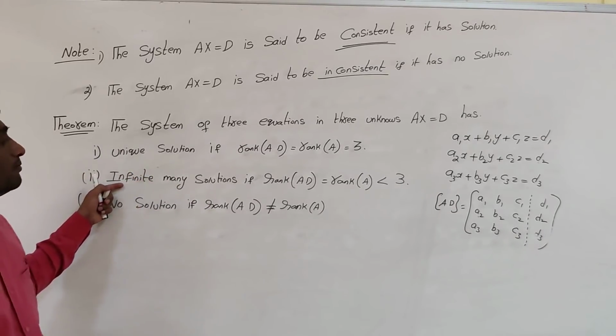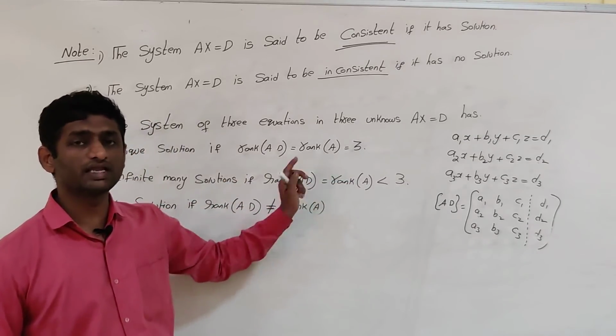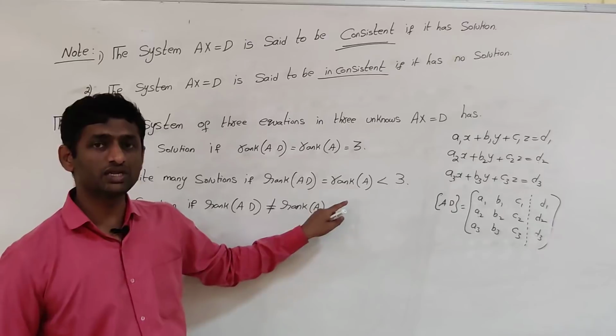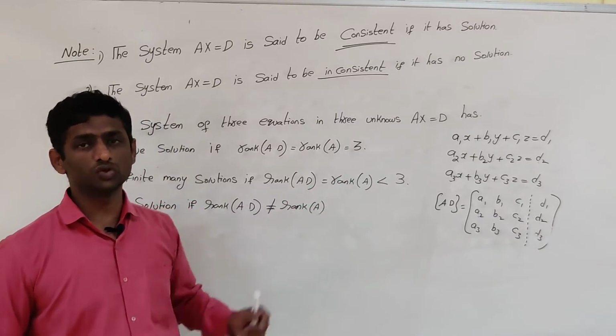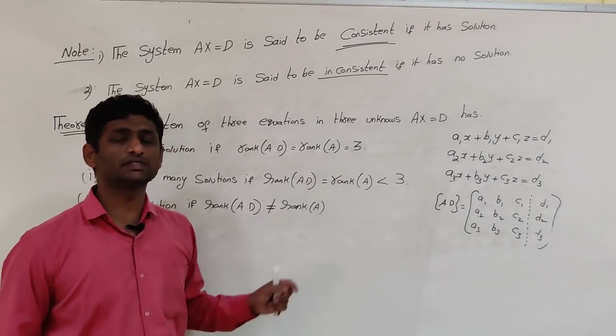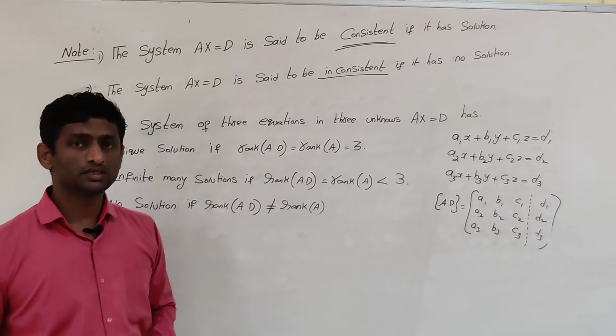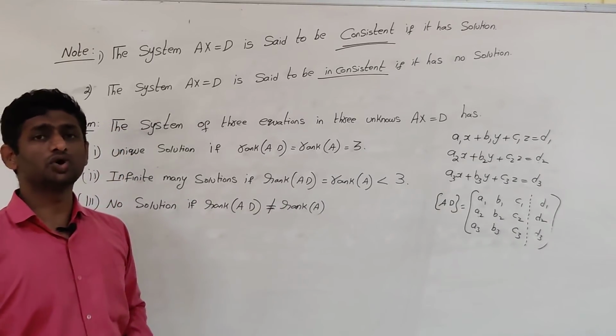If both ranks, the rank of the augmented matrix and the rank of A, are equal but less than 3, then it has infinitely many solutions. And if the rank of the augmented matrix and the rank of the coefficient matrix A are not equal, then it has no solution.